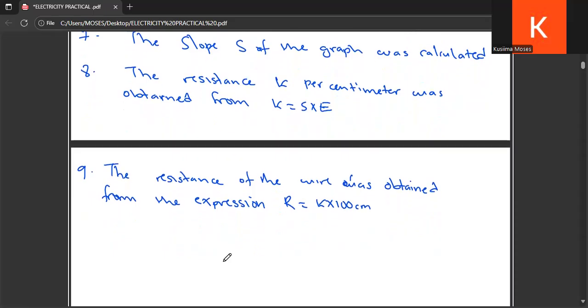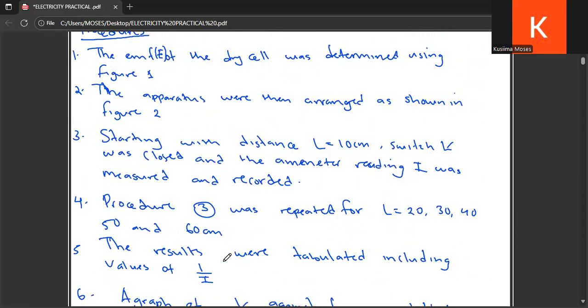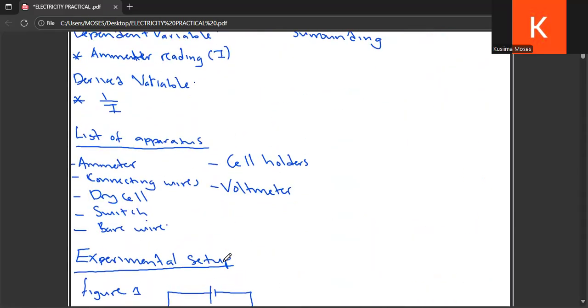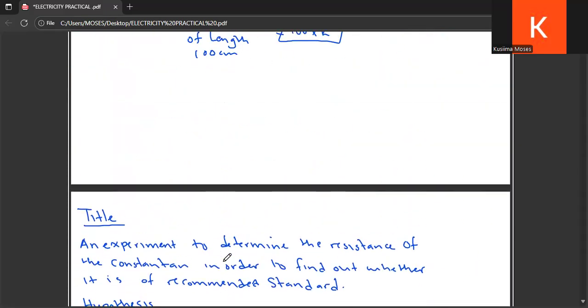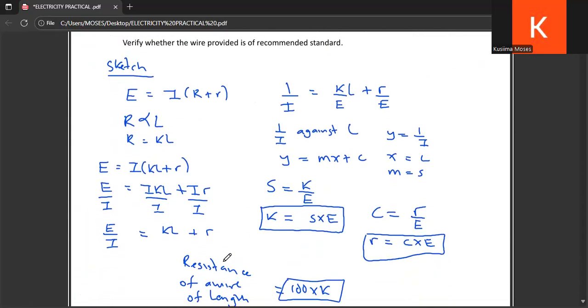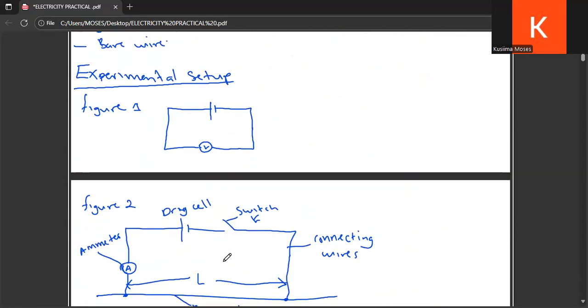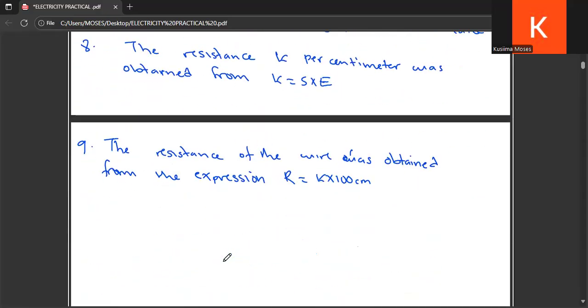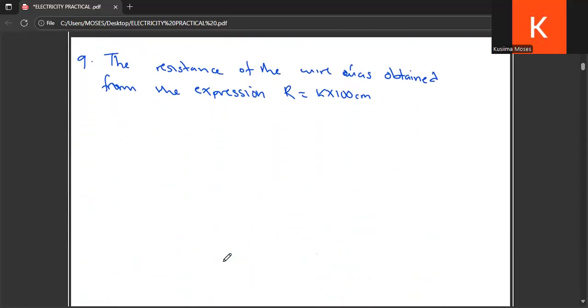Then when we're doing that, we shall come and have our table of results.